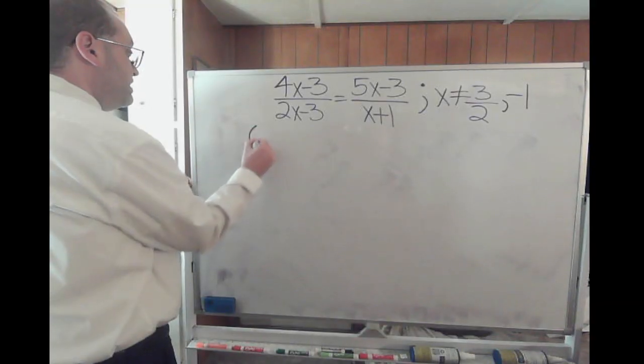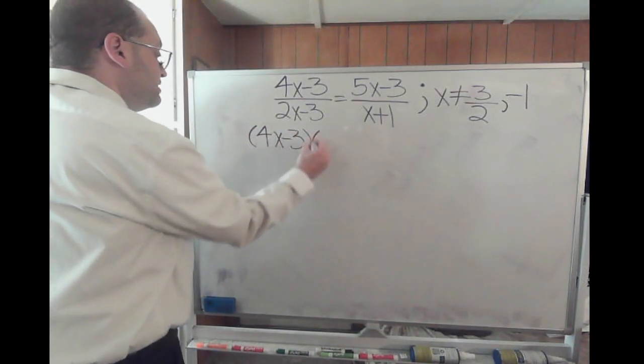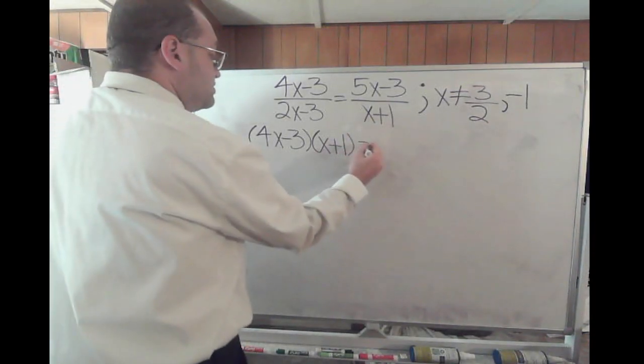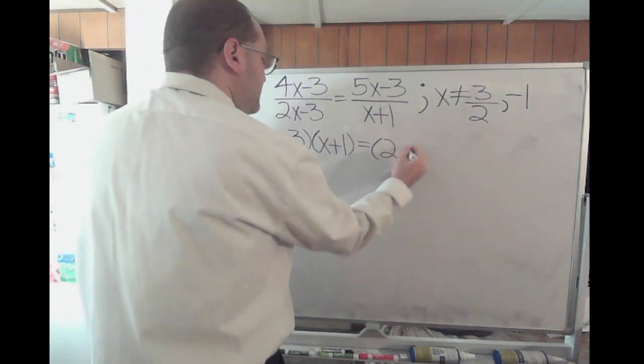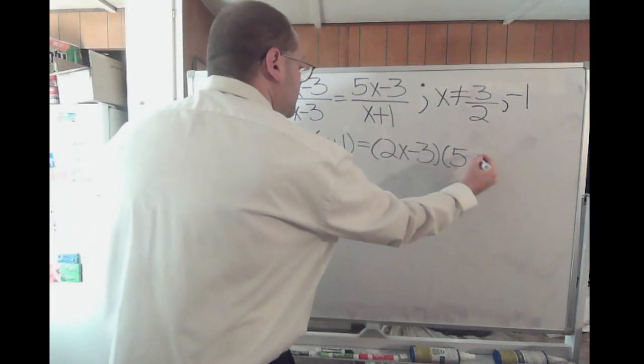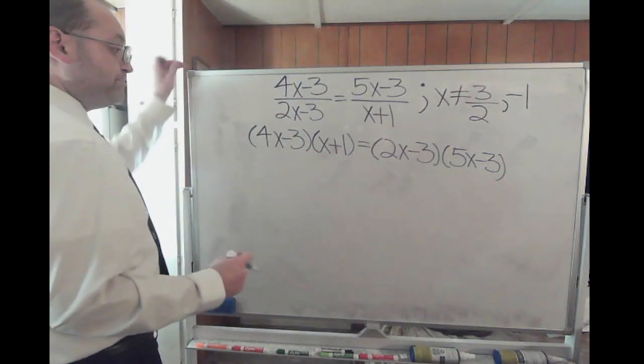You'll end up having 4x minus 3 times the quantity of x plus 1. That's going to be equal to the quantity of 2x minus 3 times 5x minus 3. Holy moly, a lot of FOILing, huh? Let's FOIL this.